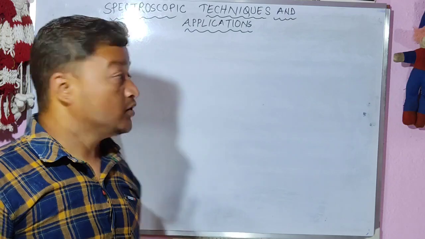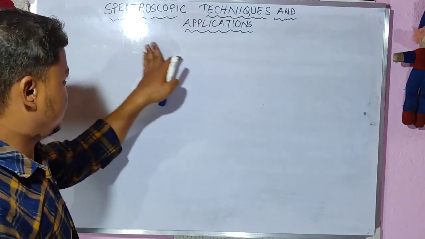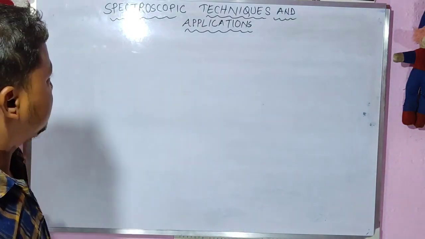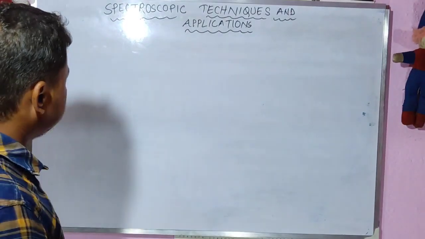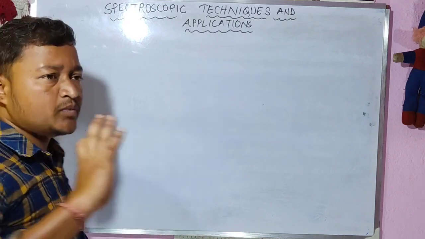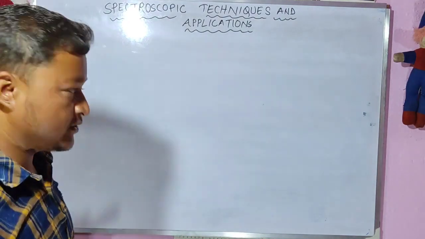Now we know about some selection rules in spectroscopy. First, what is the basic of spectroscopy?